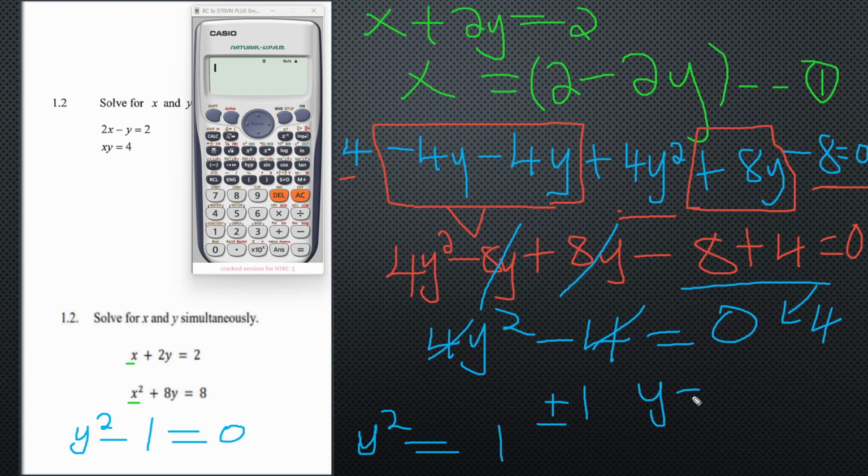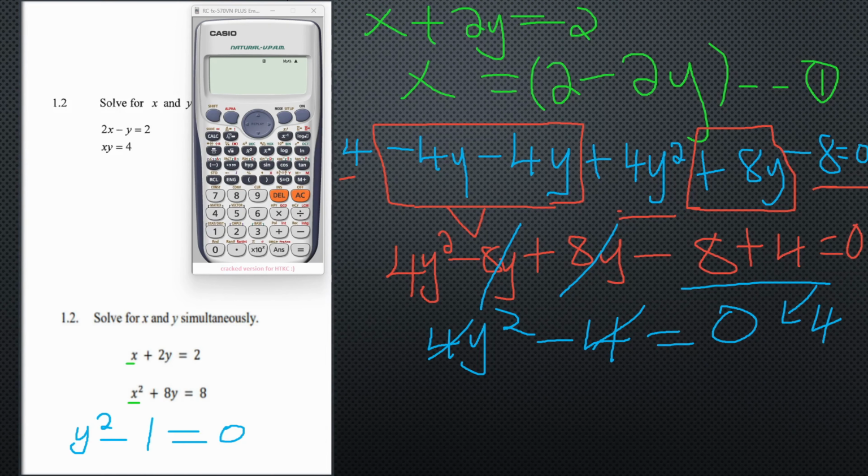So y is equals to 1, and also y is equals to negative 1, because in order for us to kill this, we can use a square root, and then this will kill this, and then the square root here will definitely give us a 1. But if you don't understand that way and you want to factorize this, you can factorize it.